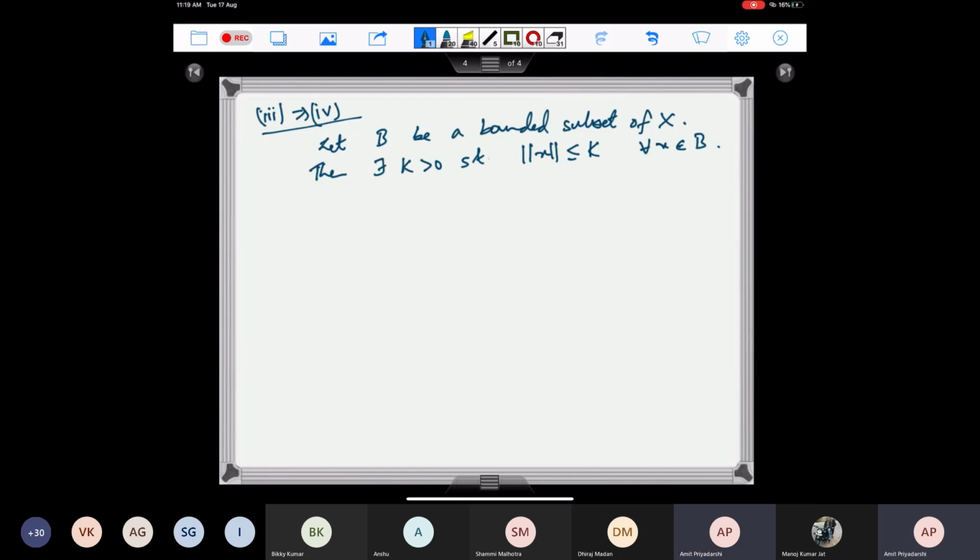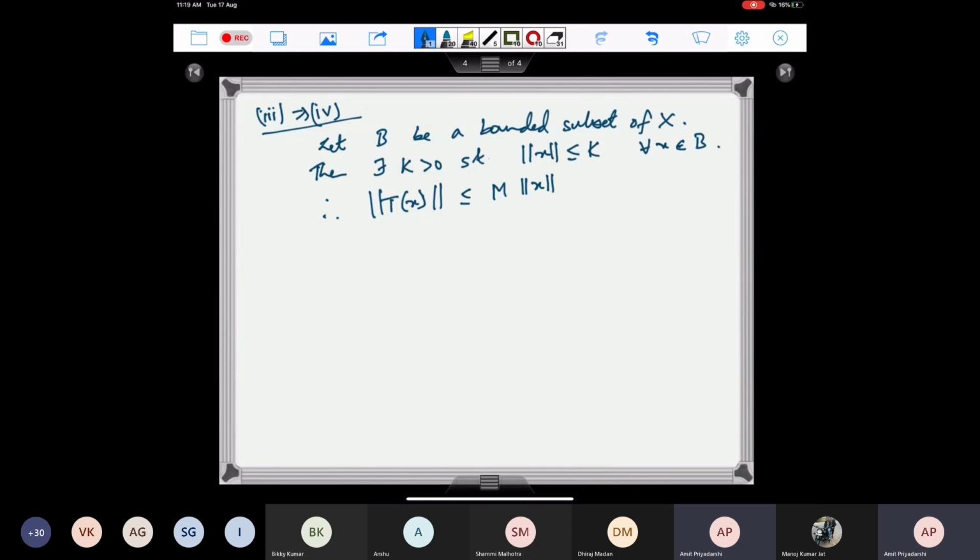So then what is T of x? Therefore, T of x norm, this we know is less than or equal to m times norm x, and norm x is less than or equal to k.